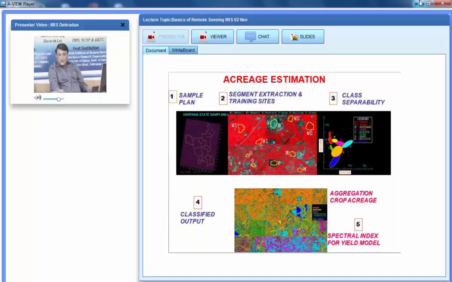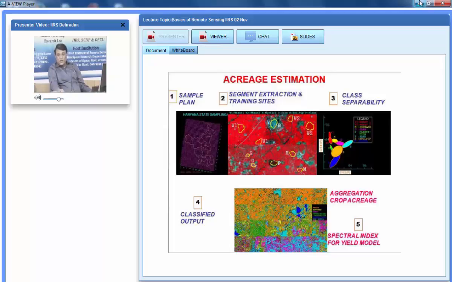This is another approach, another example of acreage estimation using the sample segment approach. First, Haryana, where the sample segment is overlaid, then in a particular 10 by 10 kilometer or 7.5 kilometer segment, the mustard crop, wheat crop and others are identified, digitized and marked on the imagery.